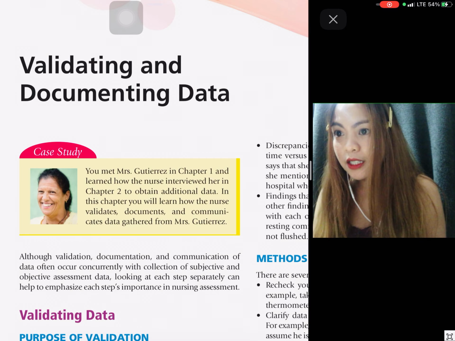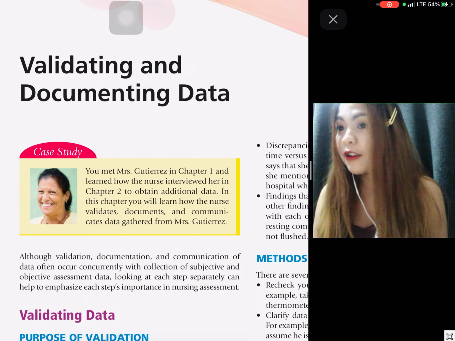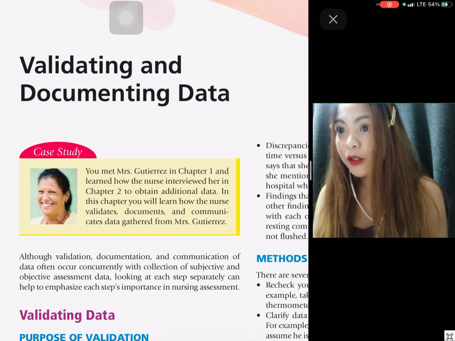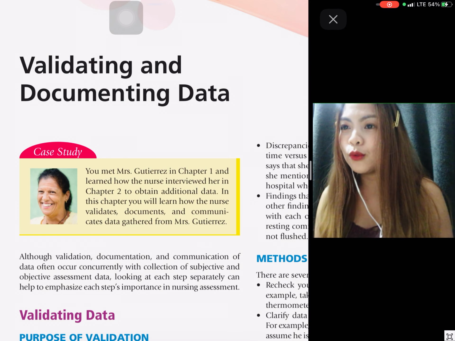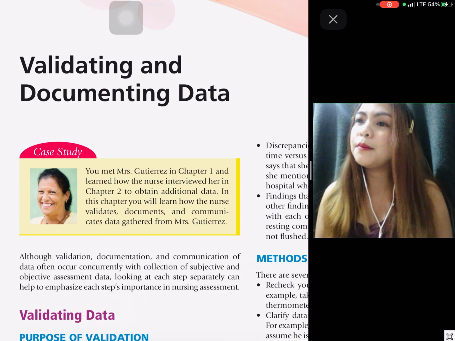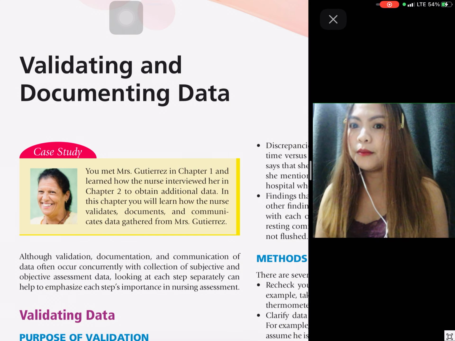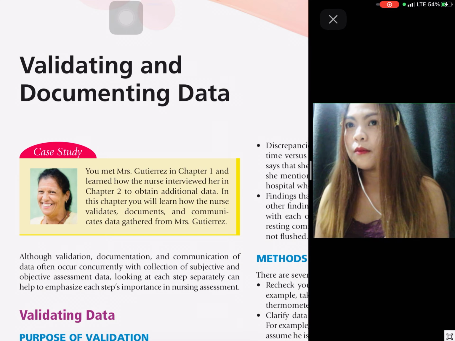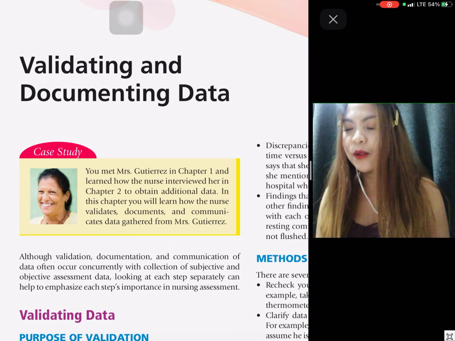In this chapter, you will learn how the nurse validates, documents, and communicates the data that we gathered from Mrs. Gutierrez. So sa chapter na ito, pag-aaralan natin kung paano i-validate yung mga data na nakuha natin kay Mrs. Gutierrez, kung paano i-document ito, at paano natin ito i-communicate sa mga ibang healthcare worker na involved sa pag-aalaga kay Mrs. Gutierrez. Lahat yan pag-aaralan natin isa-isa.